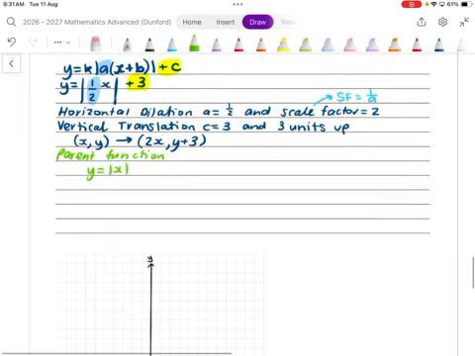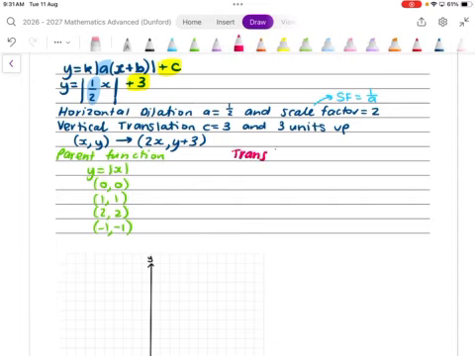Now, y equals the absolute value of x has the points 0, 0, 1, 1, 2, 2. We can chuck in a cheeky minus 1 as well if we like. What we then have is our transformed function, y equals the absolute value of x on 2 plus 3.